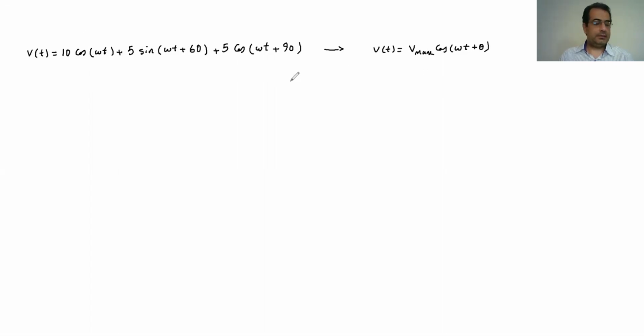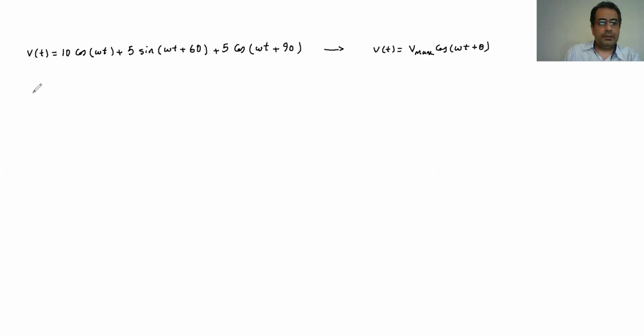If I want to do it in the time domain, it's going to be a relatively difficult task to do this trigonometric calculation to find the result of adding these three sinusoidal waves together. But rather than doing that, I will convert all of them to the phasor first.